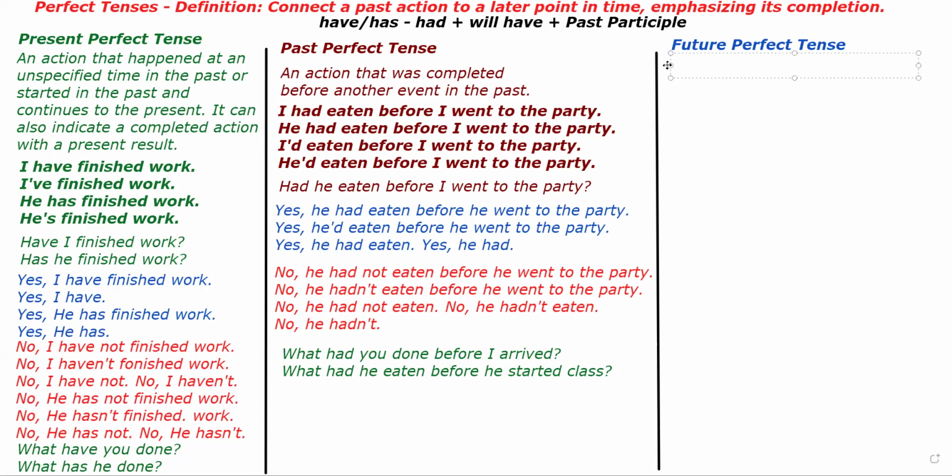That would be an action that will be completed before what? In a specific time in the future. Yes, an action that will be completed before a specific time in the future.